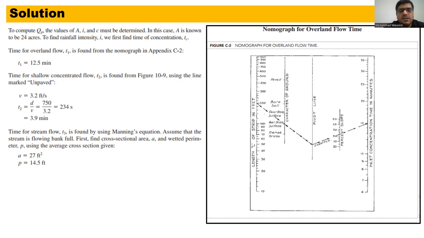This is already provided in the previous lecture on fundamentals of hydrology. So V is 3.2 feet per second, and the time is distance over velocity, and in our case we will get the time T2 for shallow concentrated flow as 3.9 minutes.